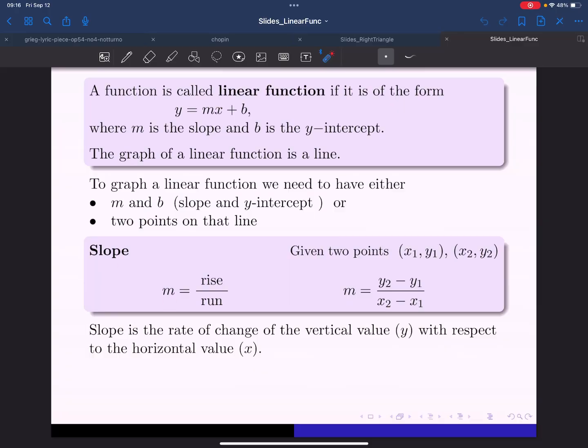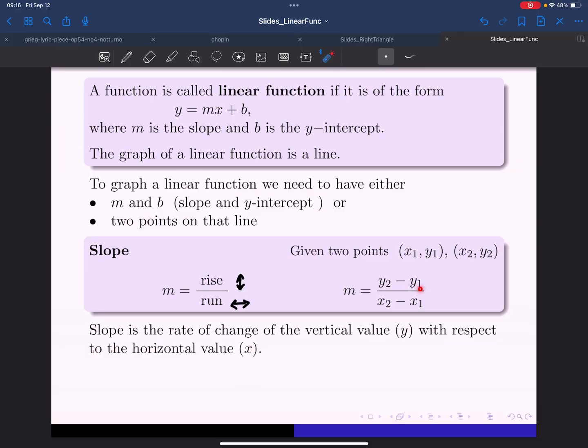Slope is rise over run. That means rise is going up or down, and run is going left or right. Also, if we are given 2 points, x1 and y1, x2 and y2, we can calculate the slope as the difference in y, so y2 minus y1, divided by x2 minus x1.